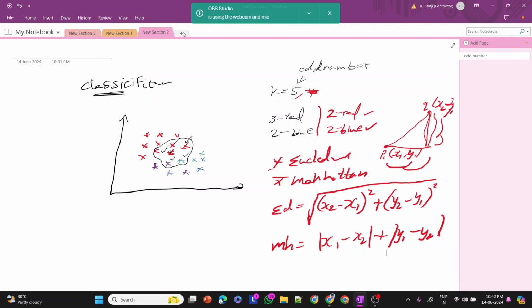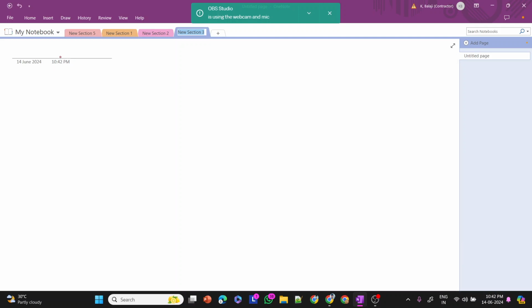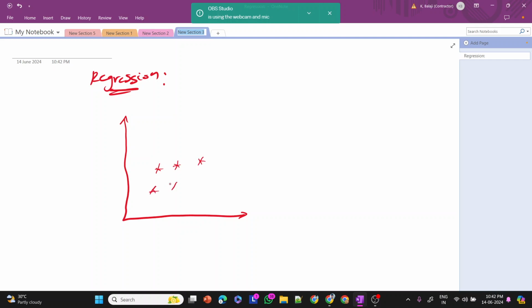Let's see how this happens in regression. This algorithm also works on regression. In regression, let's take another 2D chart, and data are present here. The data are scattered like this.